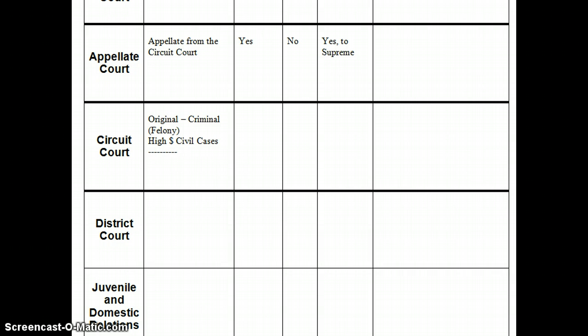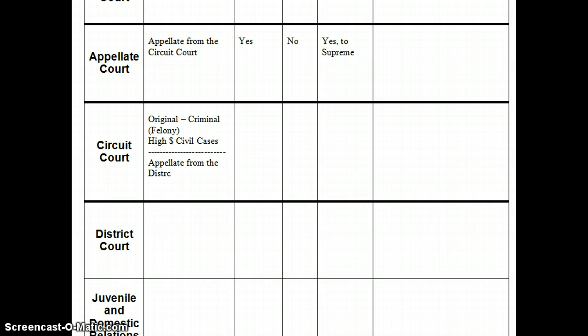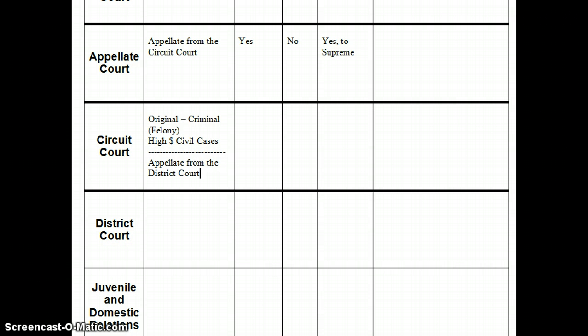So it has original jurisdiction with felony criminal cases, in other words, a serious criminal case, and high dollar civil cases. It also has appellate jurisdiction from the district court. So if there's a felony criminal case or a high dollar civil case, it's going to start out in the circuit. The only other way to get to the circuit is to appeal a case from the district court.